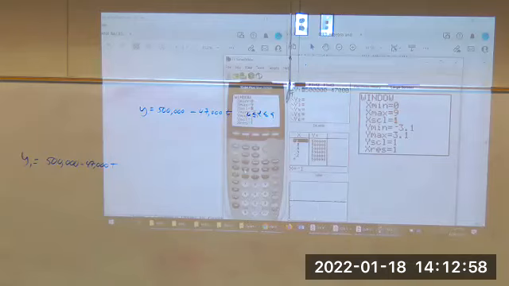My Y minimum, it's never going to be less than 0, is it? My Y minimum could be 0, and then my Y maximum, on the very first year when I first get it, it's going to be worth $500,000. Now, you're going to see all of this is a little bit crazy. So I can graph it.